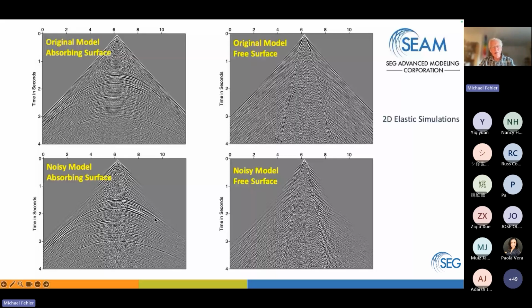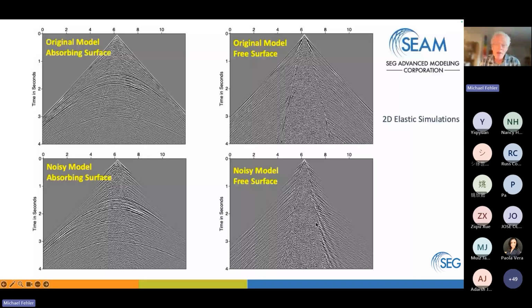But then when we go to the noisy model with the free surface, we can see that the data quality goes down quite a bit. And you can see where the noise has really interfered with reflectivity on the eastern side of this gather. And in the center of the gather, these reflectors are poorly shown. So our plan is to go to 3D with this scenario, the free surface and the noisy model.